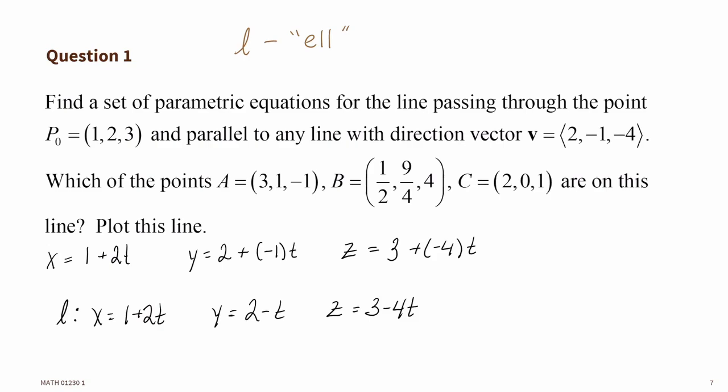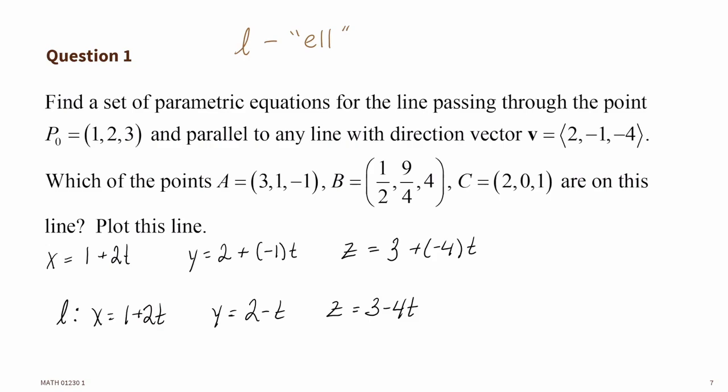There is a second method that can be used on certain lines. We also have symmetric equations, as long as none of the components of your direction vector are 0, which in this case, there are none.